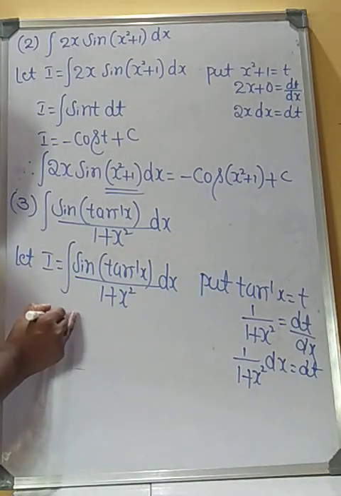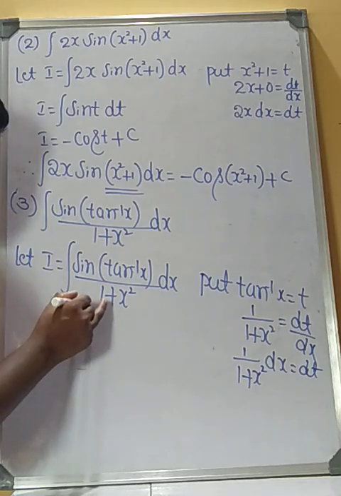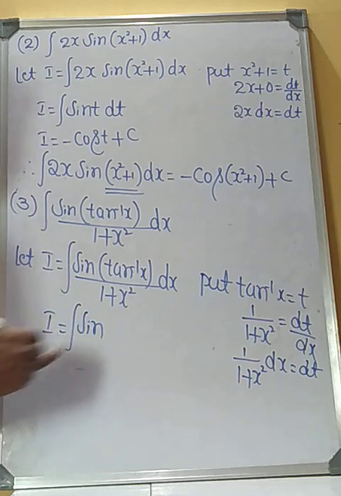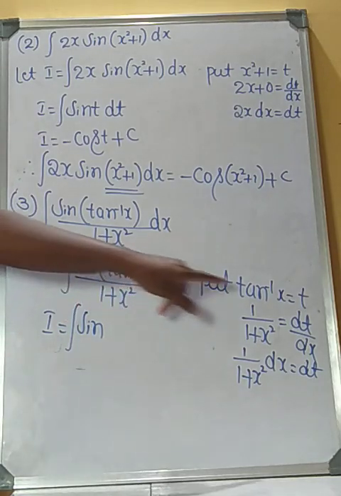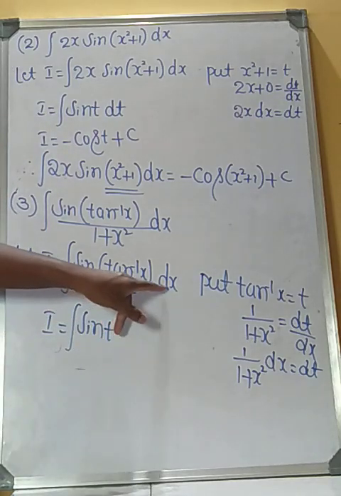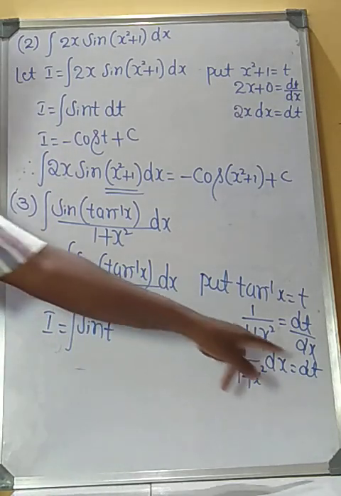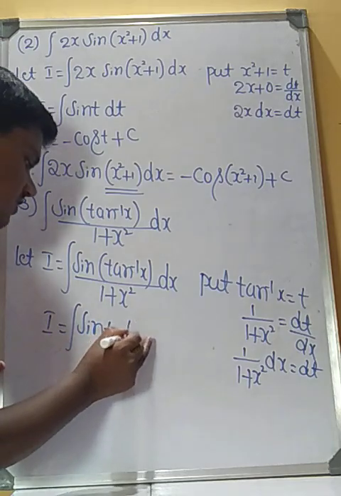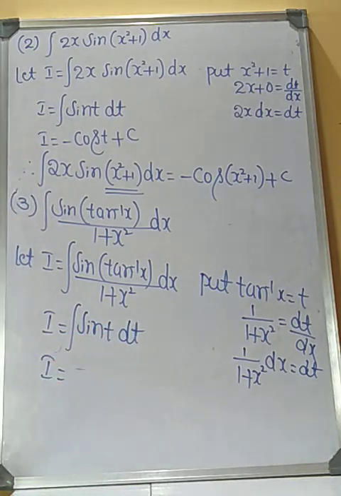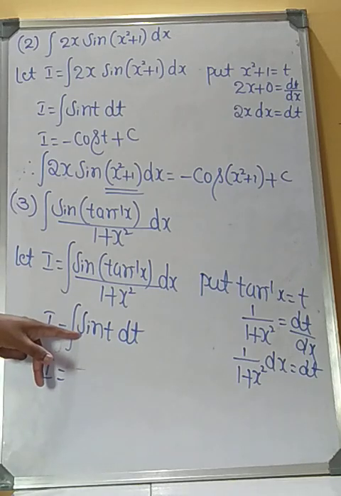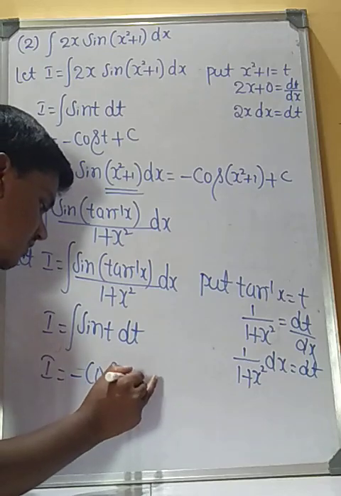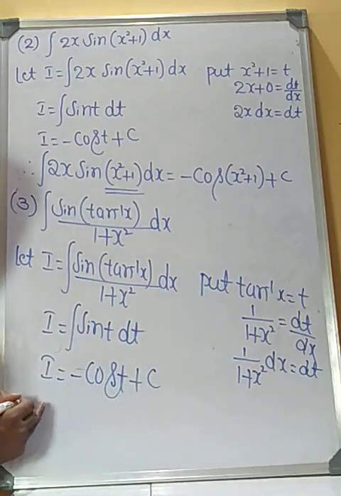Substitute in the given integral. I is equal to the integral of sine t, since tan inverse x is t and dx by 1 plus x square is dt, so sine t into dt. Again, the integral of sine t is minus cos t plus c.